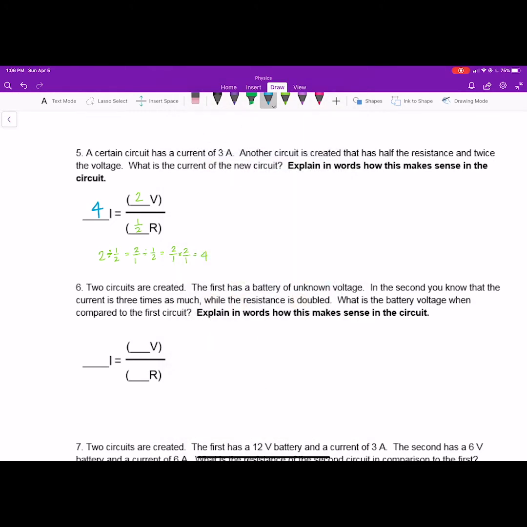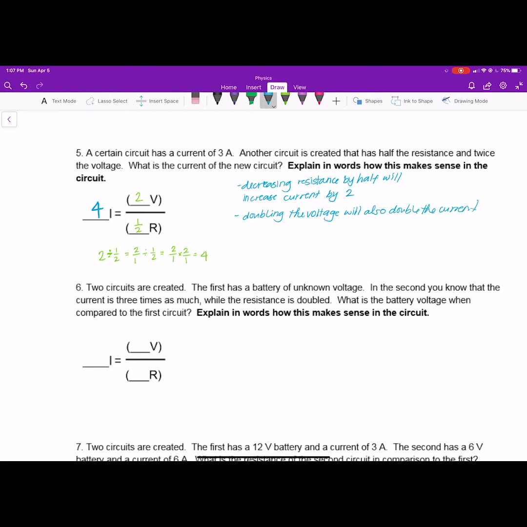So how that works out is decreasing resistance by half will increase current by 2, and doubling the voltage will also double the current.